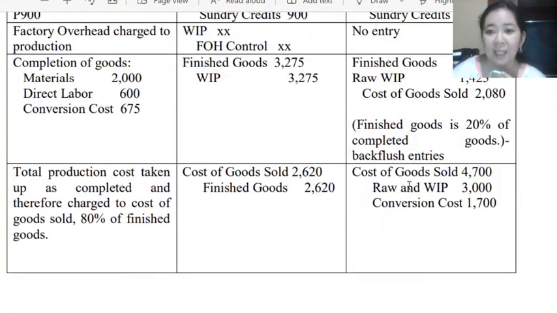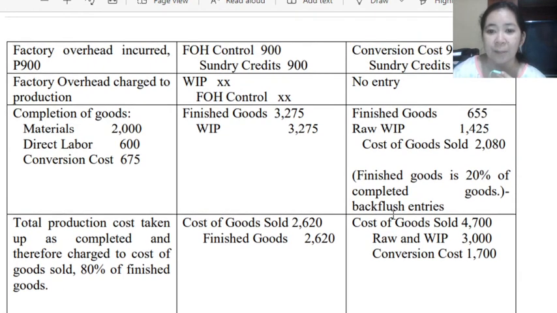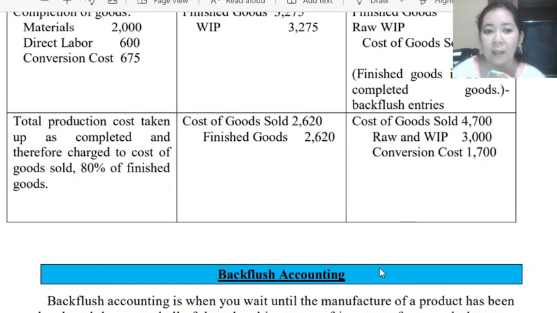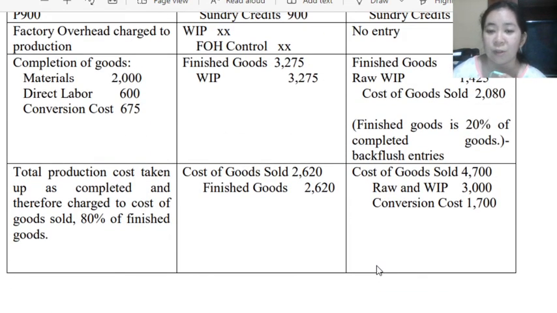So in this case, this is raw and work in process of 3,000 and conversion cost of 1,700. This is the total production cost which was already completed.